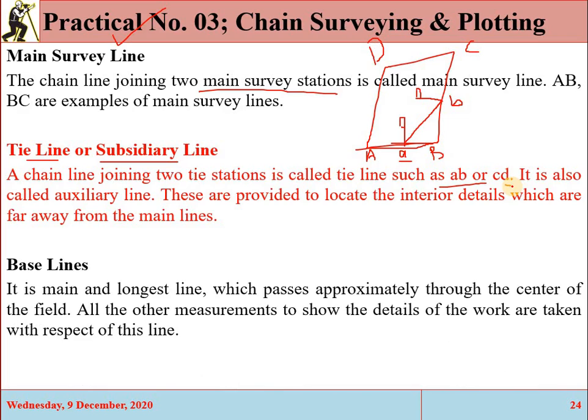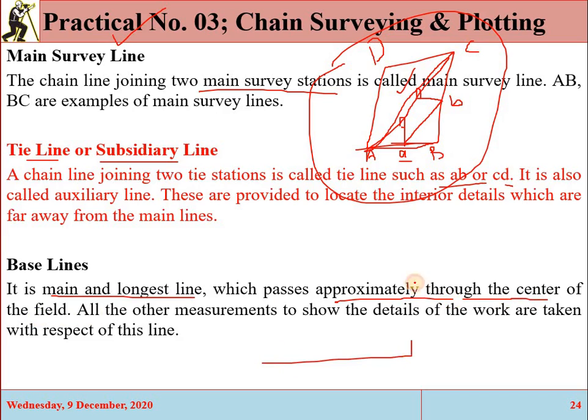Then we have the baseline, one of the most important lines in chain survey, okay. Suppose you are performing the chain survey of this area. So for example, if we join A with C, so this AC line is also one of the main survey lines, and see that is the longest line. So one of the main and longest lines is considered as a baseline, which will approximately pass through the center of the field.